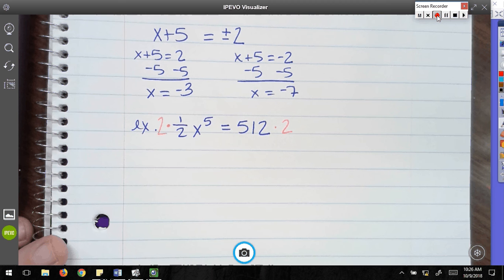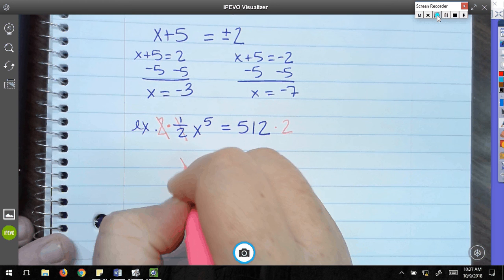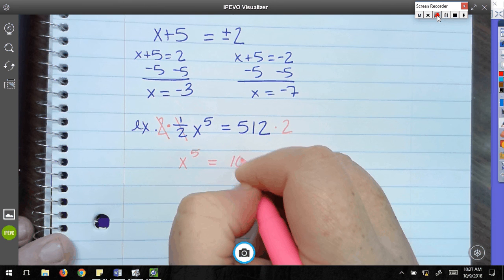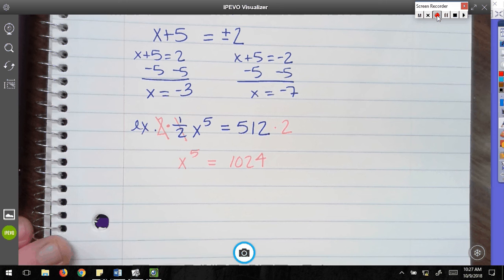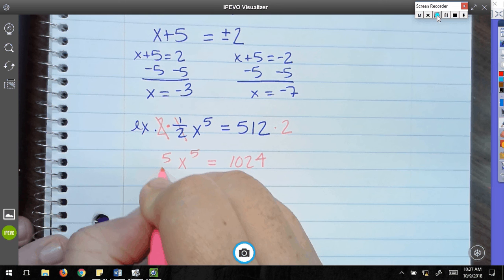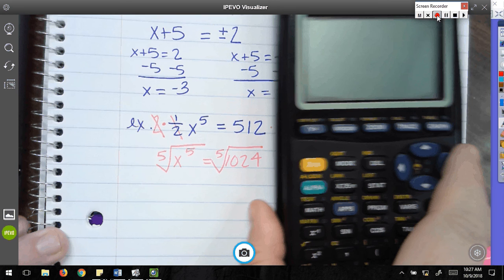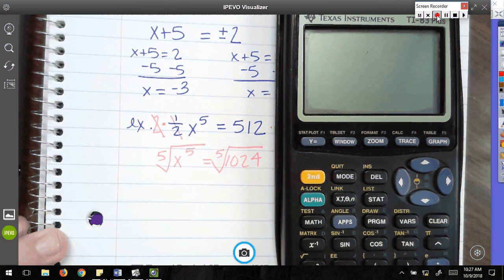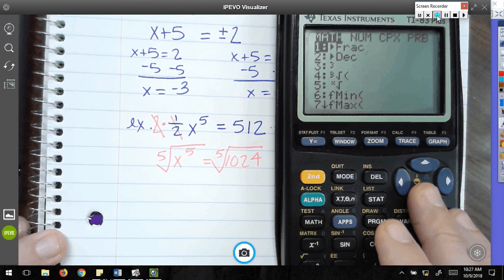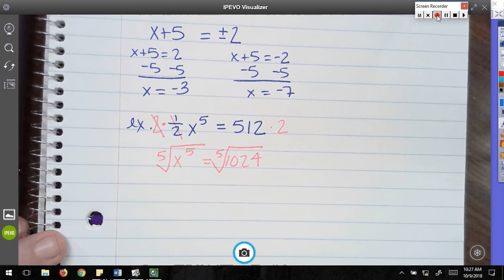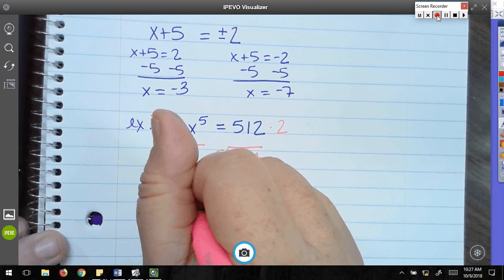Cancels out, so I have x to the 5th equals 1024. Fifth root will cancel out that exponent, and I'm not 100% sure about the 5th root of 1024, so I'm going to use my calculator and do the 5th root of 1024, and I get 4. I don't need the plus or minus here because it is an odd root.